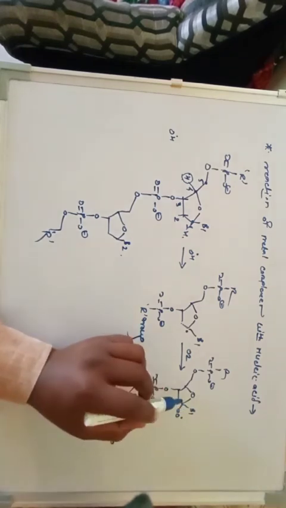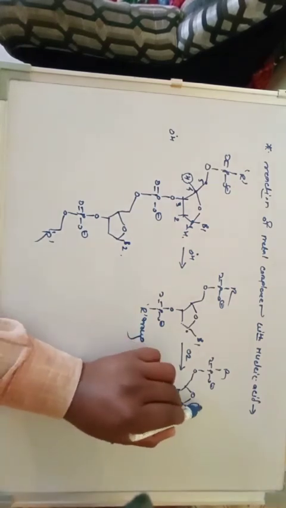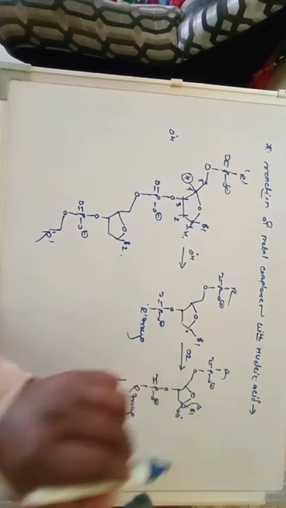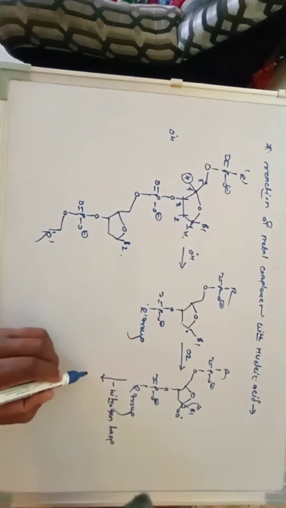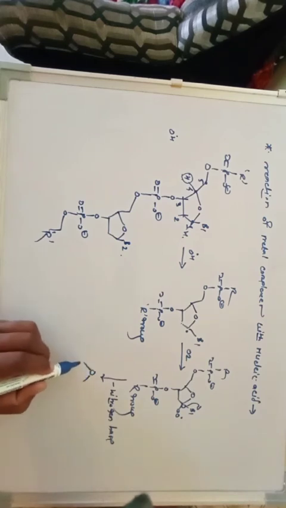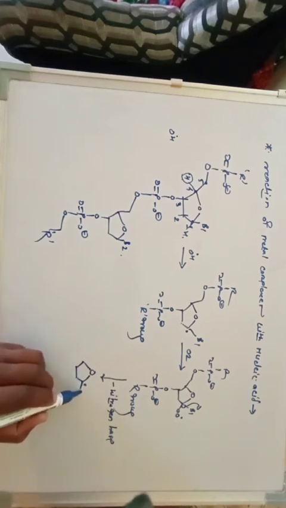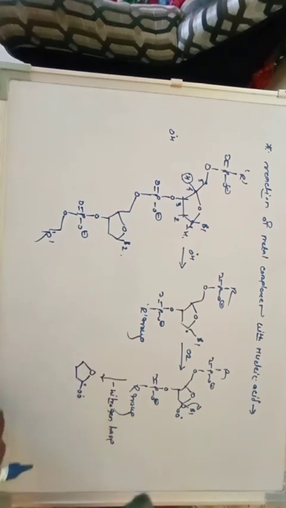When this bond breaks, there is again a radical formation. So what you get here is an oxygen radical.